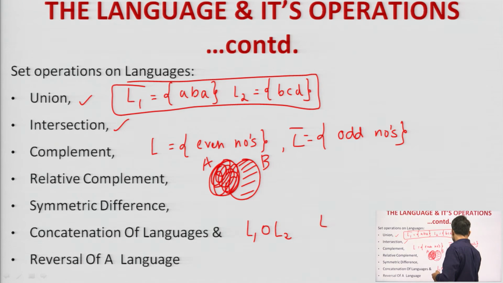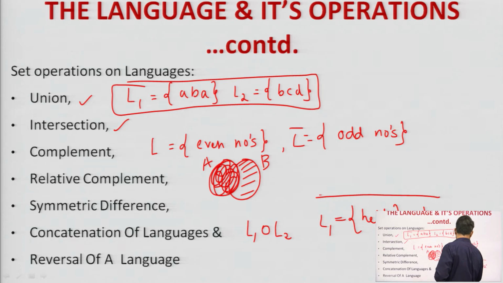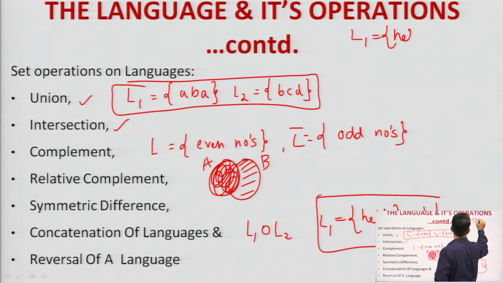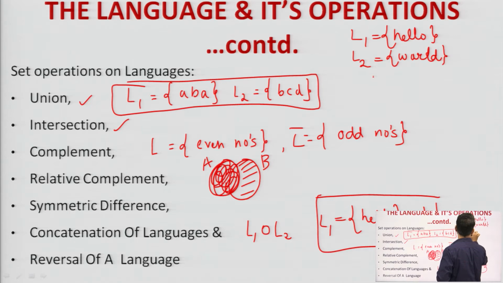Suppose L1 is equal to hello and L2 is equal to world, then L1 concatenation L2 will be hello world. You just need to concatenate the two things.